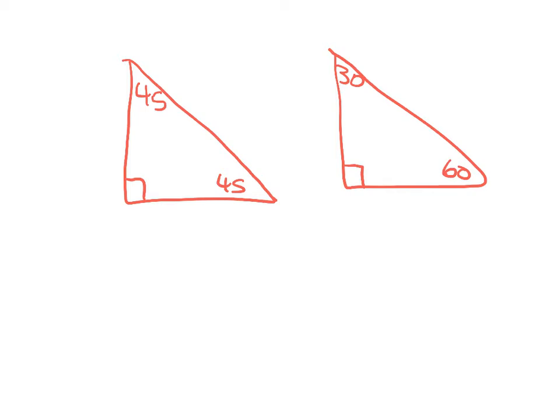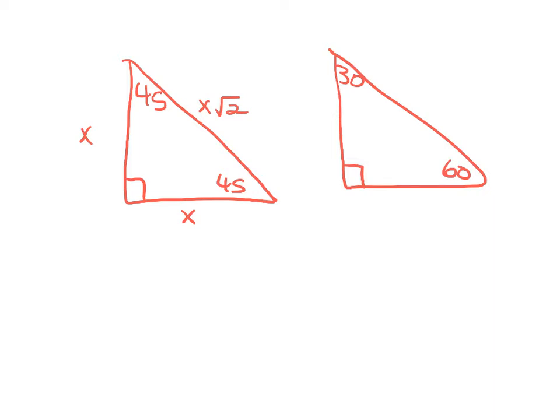So in the 45-45, we know that the 2 legs, or the 2 sides that form the right angle, are going to be x. Then the side across from the 90 degrees, or the hypotenuse, is x square root 2. This is a review.